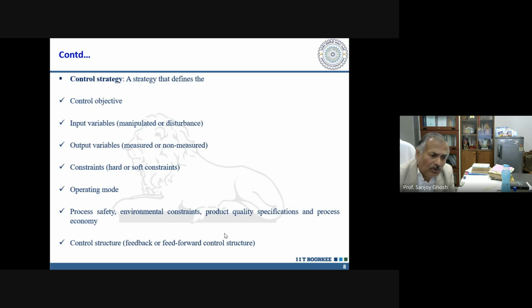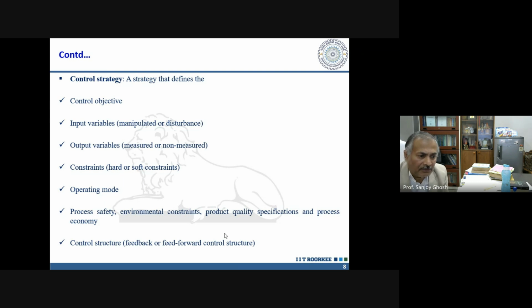Then operating mode. Now operating mode could be batch, or continuous, or cascade. Many other operating modes could be there. Then process safety, environmental constraints, product quality specification, and process economy. You have to consider all these things.